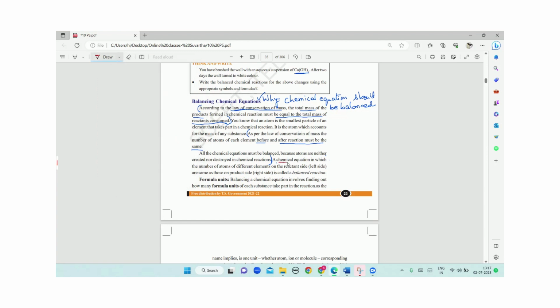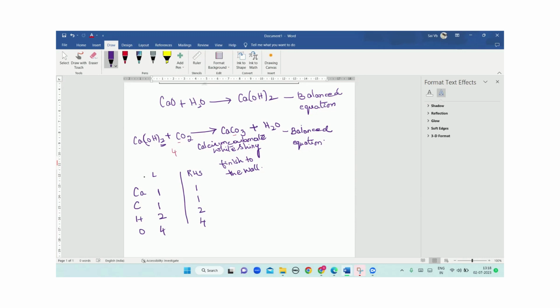What is a balanced equation? A chemical equation in which the number of atoms of different elements on the reactant side, that is the left hand side, which we just now checked, and the product side, are the same, then we call it a balanced equation. That means here, calcium on the left hand side and right hand side are the same.